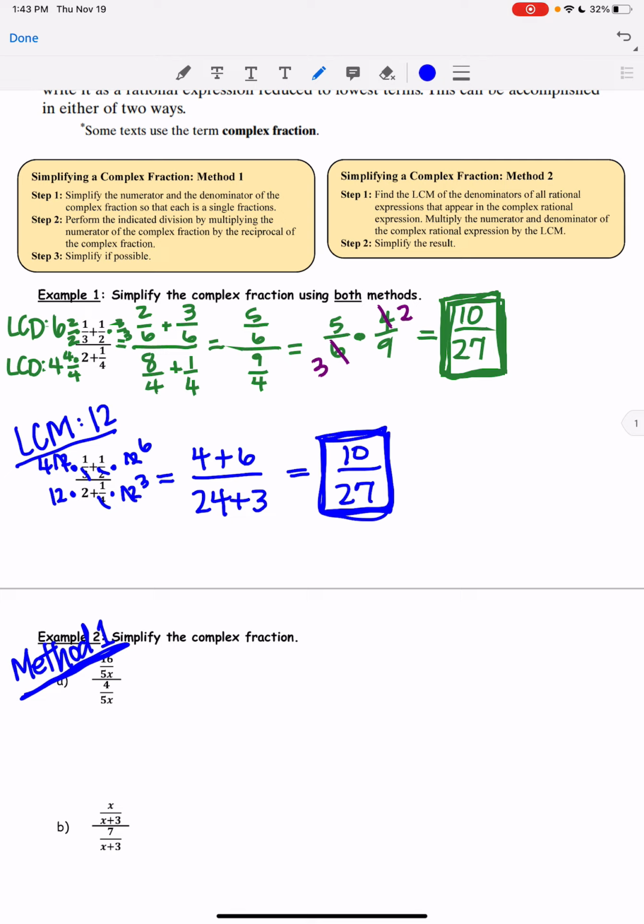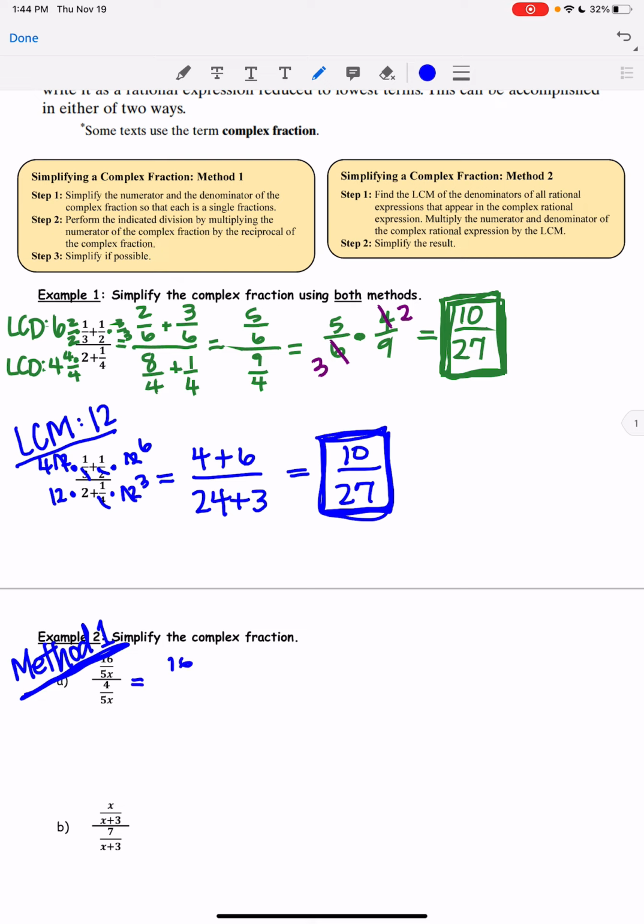The reason why method 1 isn't so bad here is because step 1 is to simplify the numerator and denominator of the complex fraction so that it's a single fraction. Well, that's already done. So we're already on step 2 at this point. So step 2 says perform the indicated division by multiplying the numerator of the complex fraction by the reciprocal of the complex fraction.